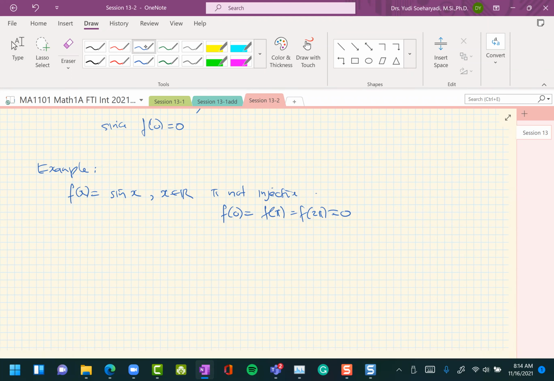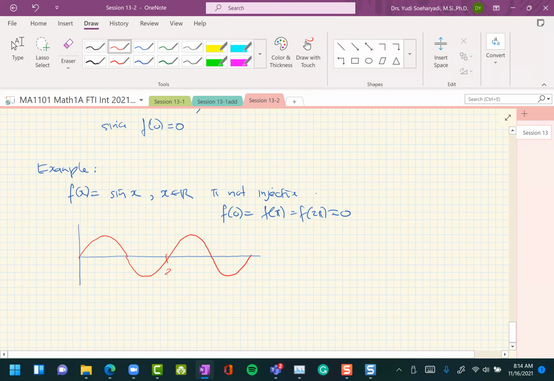Right, so let's see. The graph looks like, of course, you know the graph. It is periodic. So 2 pi, 4 pi. Now I have to restrict.